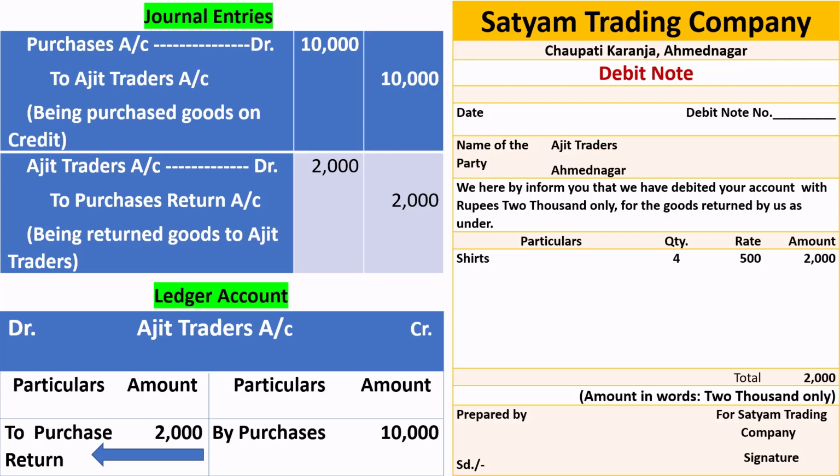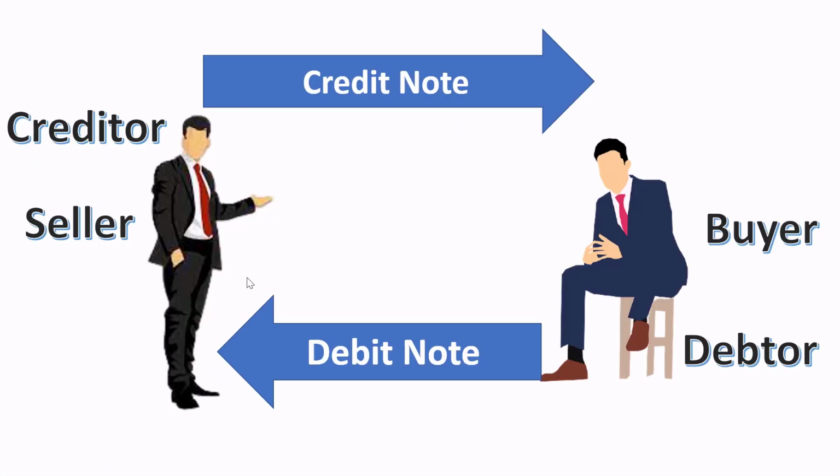Here the debit note is evidence that we have returned goods to the creditor and we have debited his account. Again, the credit note is issued by the seller to the buyer and the debit note is issued by the buyer to the seller.